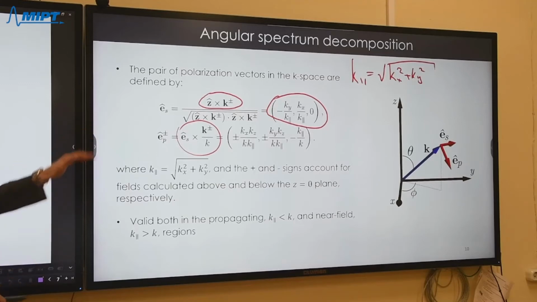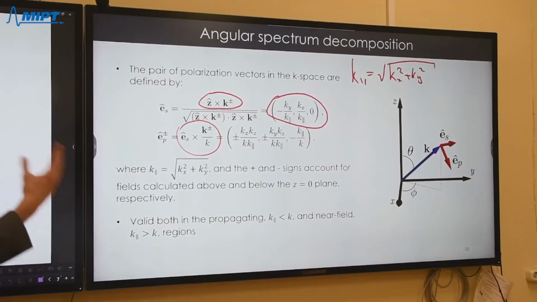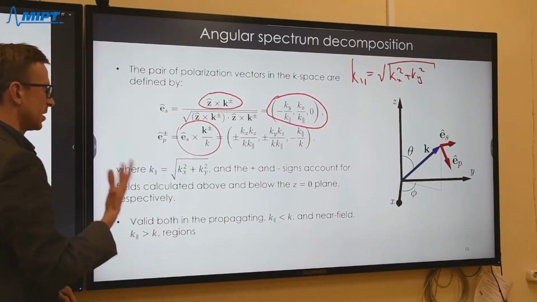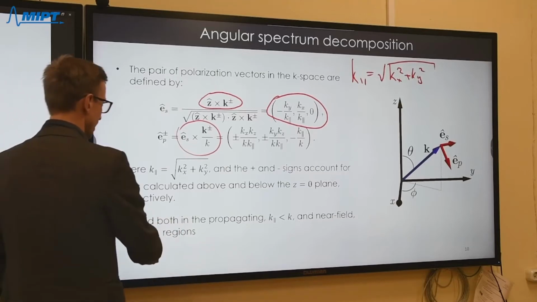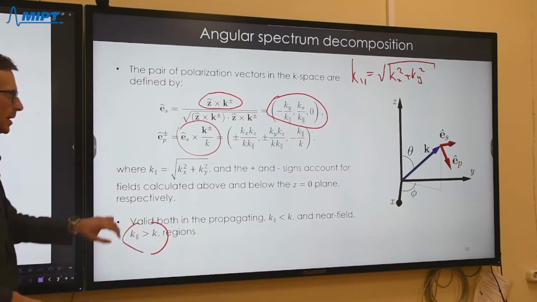So these expressions are valid in both the propagating region inside the Evelt sphere and outside the Evelt sphere, that is, in the evanescent or the near field region where k parallel exceeds k.